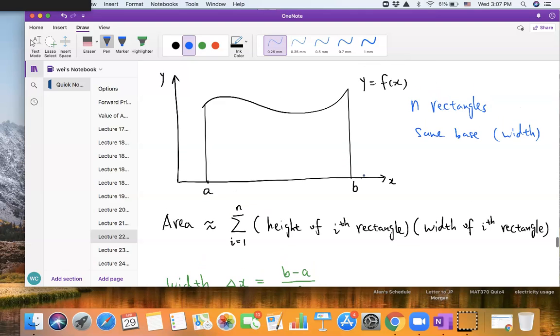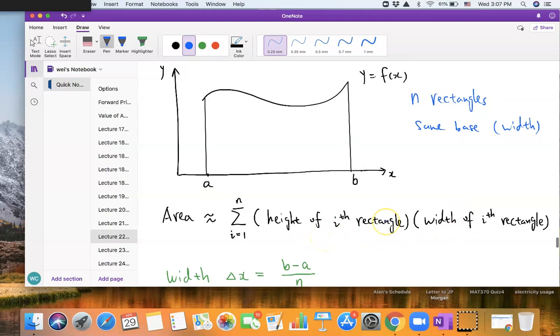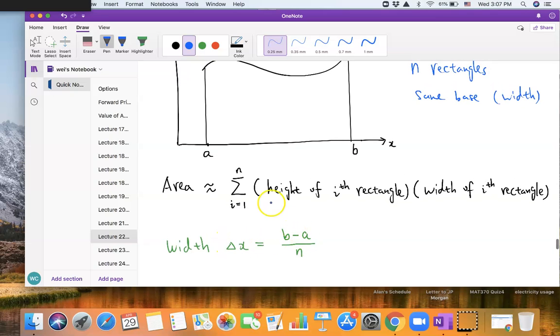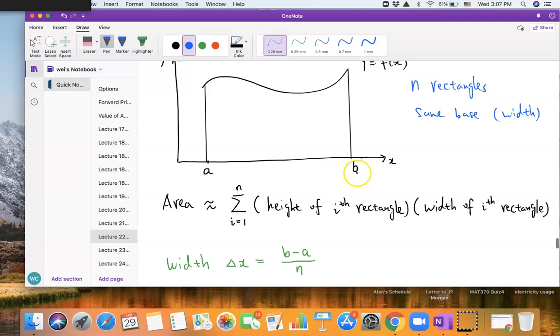So now I will show you the general formula we use to determine the width and the height. First, the formula for determining the width is this. Why? Because the distance between these two points, a and b, is b minus a.